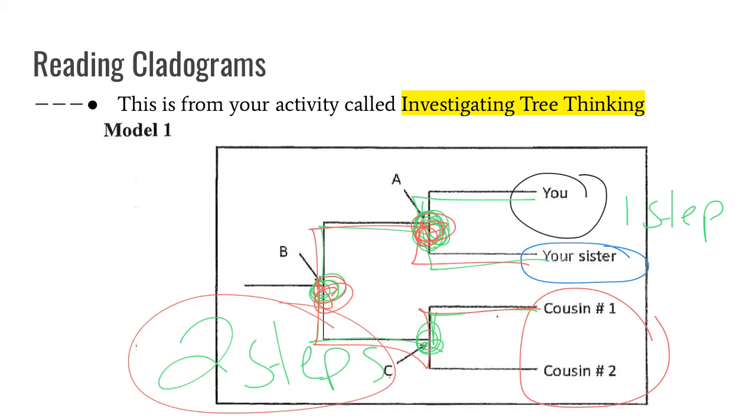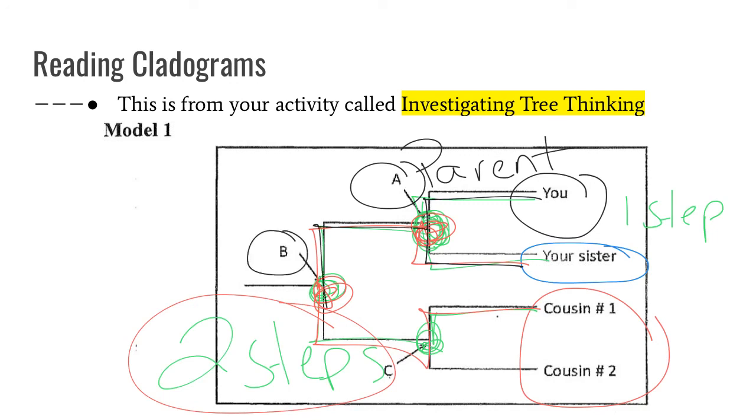And then number 3, this is the last question I'm going to do with you guys. Name one specific individual that might be represented by each of the letters in Model 1. So we have A, B, and C. If I'm looking at person A, how are you related to your sister? That's obviously a parent. Okay, so how would you be related to B?